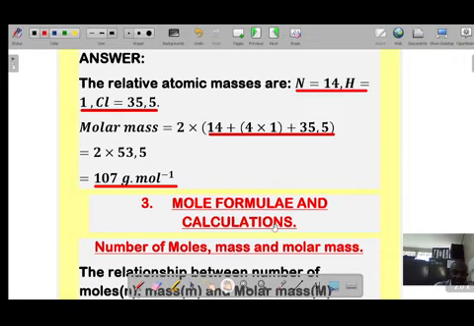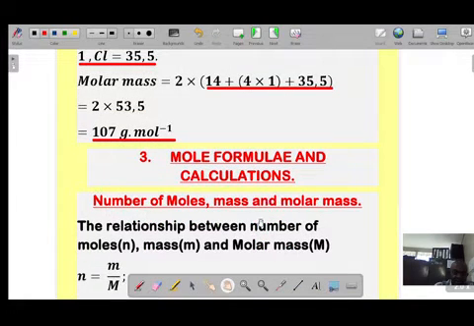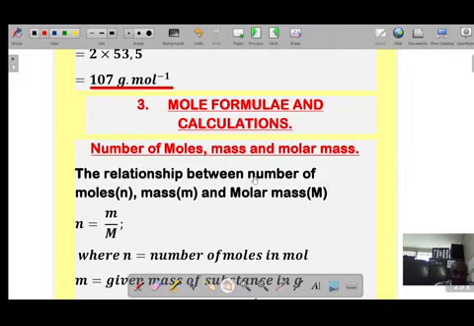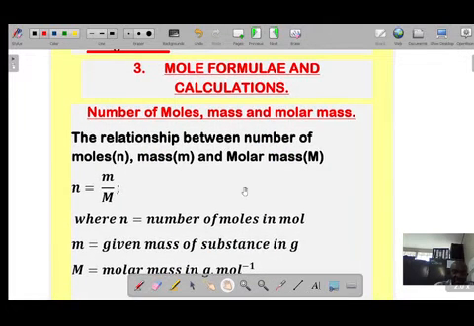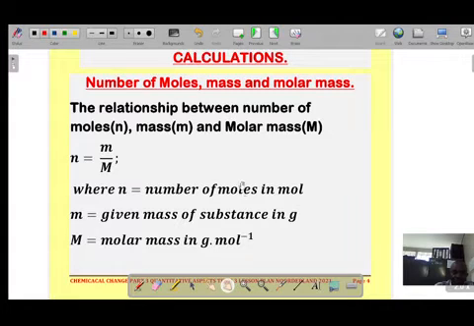Let us look at the mole formulae and the calculations. Now the number of moles, mass, and molar mass. Please pay attention here, guys. Now chemistry is a chemistry of moles. So because of that, the number of moles n, the mass m, and the molar mass have got a relation, a formula, which is n equals m over molar mass, whereby n is the number of moles, the mass must be in grams, and then the capital M is the molar mass in grams per mole.